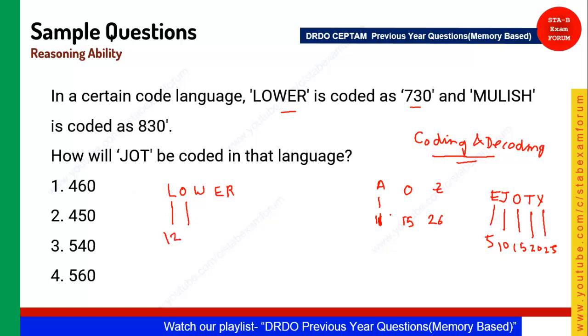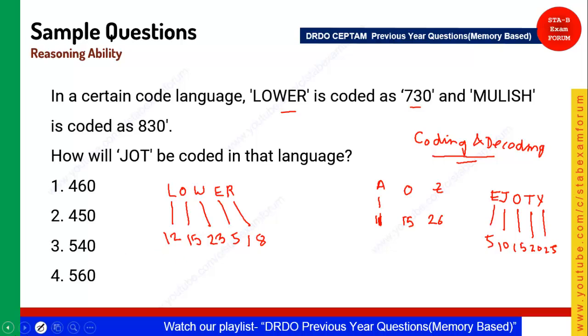And O, as you can see directly with the EJOT principle, is 15. Similarly W: where does W come? After T: T, U, V, W. So you need to add 3 to 20, so 20 plus 3 is 23. E is 5. R is what? O, P, Q, R. So 15 plus 3, that is 18.